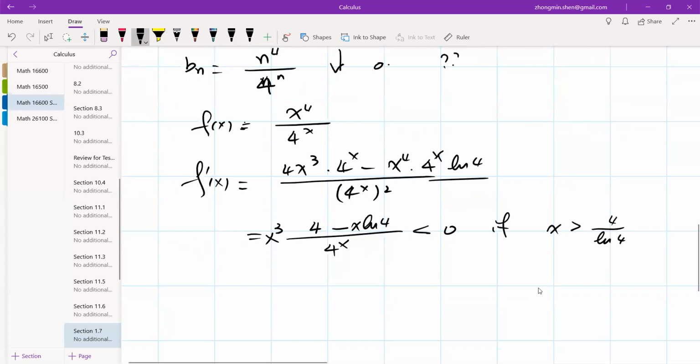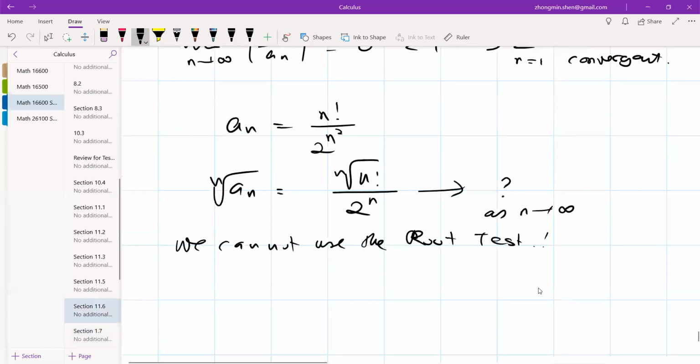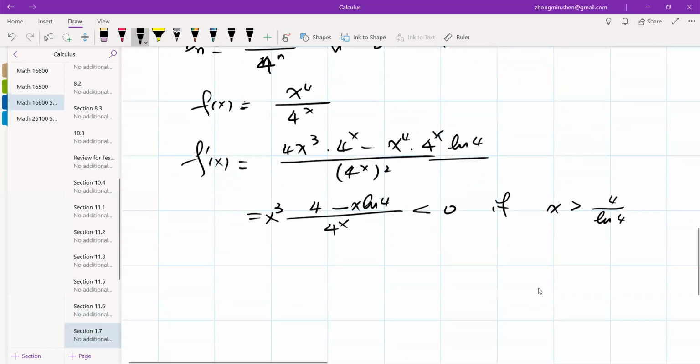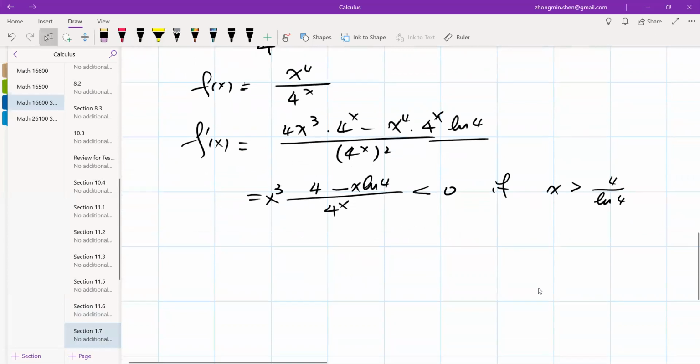Now, I really don't care how large this number is. If you really want to do some estimate, let me do some estimate. So what is natural log of 4?